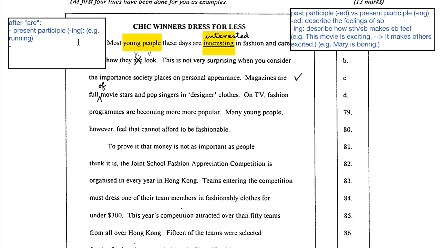Another thing you can use is an adjective. For example, they are cute. You can also use a past participle after are. For example, they are burned. Okay, so that means someone burned them.